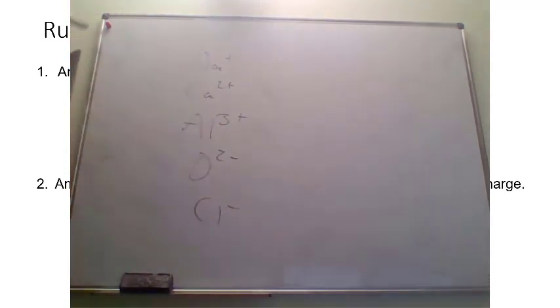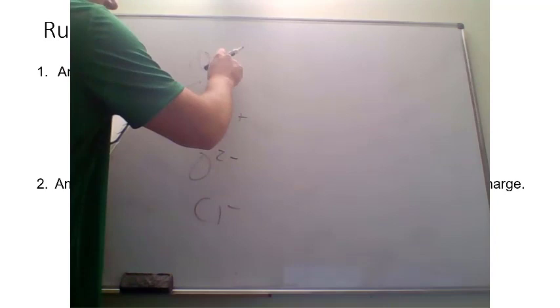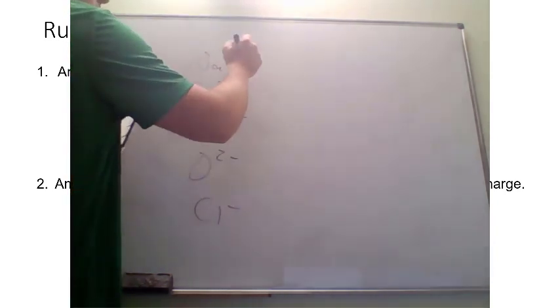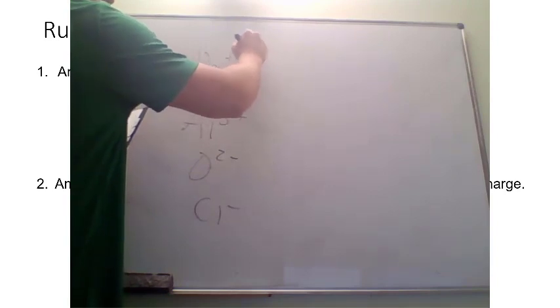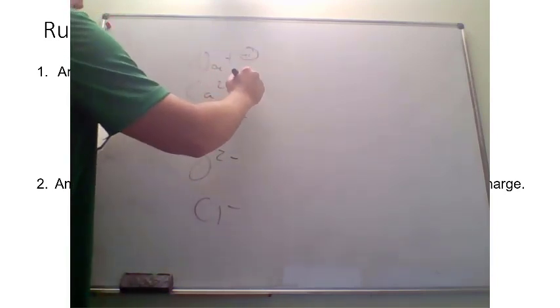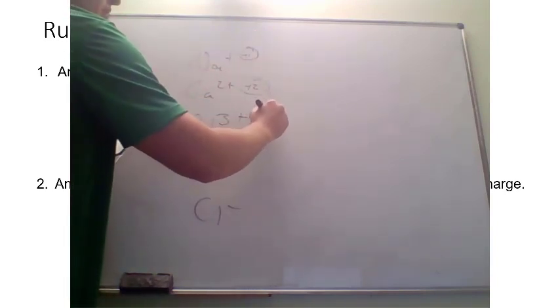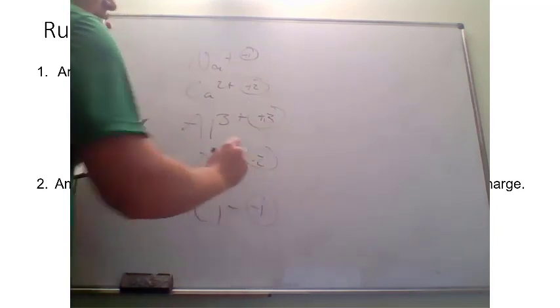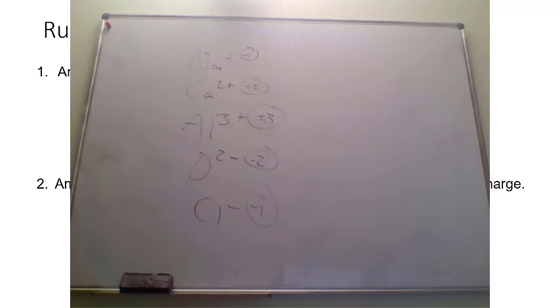All of these cations and anions have an oxidation number equal to its overall charge. So the oxidation number for sodium is +1, for calcium is +2, aluminum +3, oxygen -2, chlorine -1. So very straightforward.